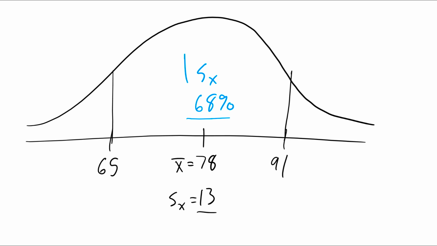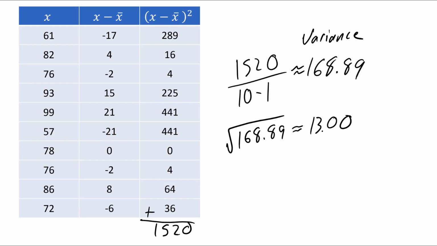I'll show you how to find this 68% number next time when we look at the normal distribution. But before we do that, let's go back to our original data and see how many actually fall within this range, the range of 65 to 91. Looking at our data, 82 is within the range of 65 to 91, as is 76. Let's see, the next couple aren't.